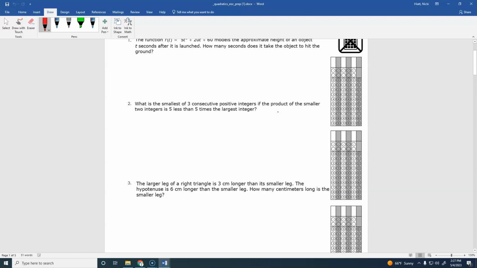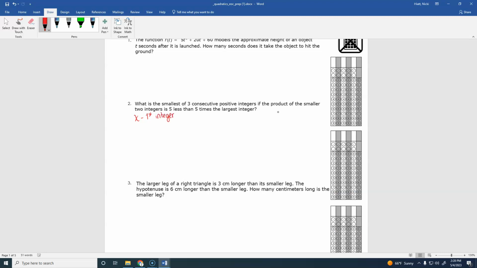All right, consecutive integer problems. We did these way back with solving equations, so this was like first semester stuff. So we got 3 consecutive positive integers. I'm going to let x be my first integer.